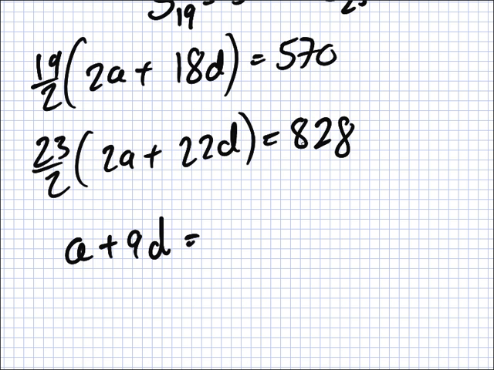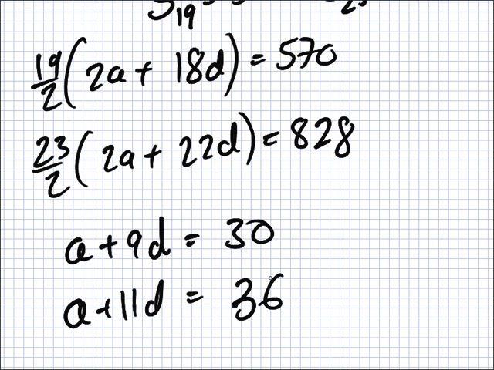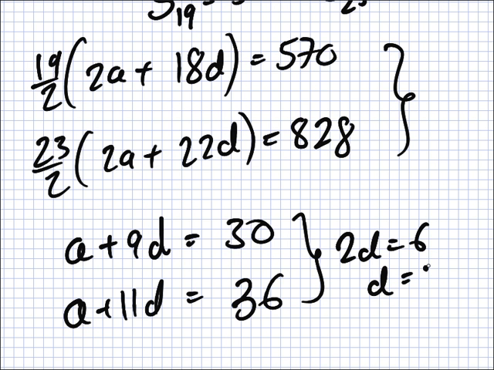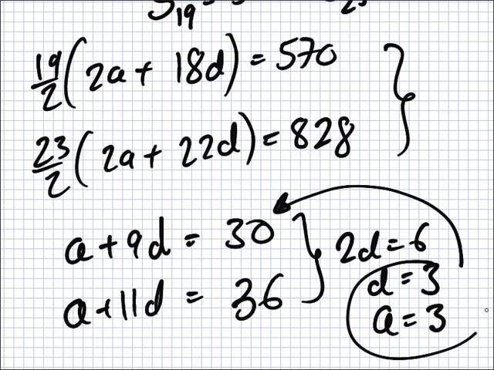And Aoife, you could maybe type in 828 divided by 23. Okay, and then the second one? 36. Okay. So I can simplify these two into these two. Second equation minus first equation. 2d equals 6. So what does d equal? 3. And if you sub that back in here, you can get A is 3 as well, isn't it? Yeah. That's the answer.